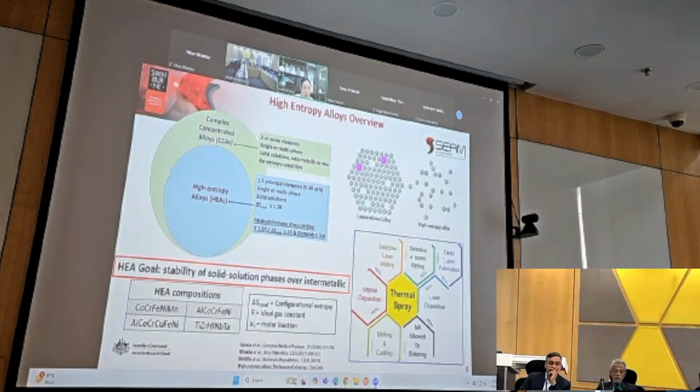I won't go into too much detail, but basically in about the early 2000s, around 1992 to 95, there was an article written by Professor Rajaratnam from IIT about cocktails, wonderful magical metallic cocktails, and that was the highlight of how one of the magical cocktails was actually high entropy alloys.